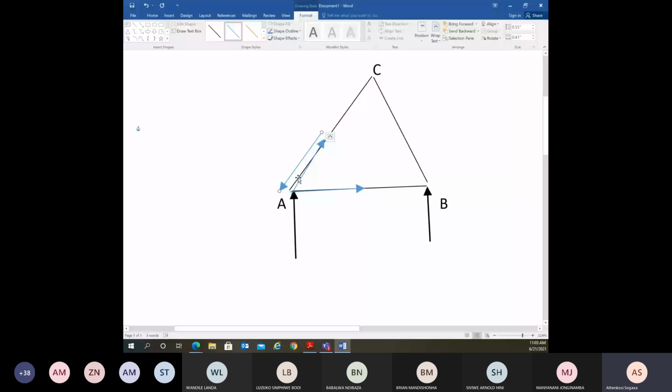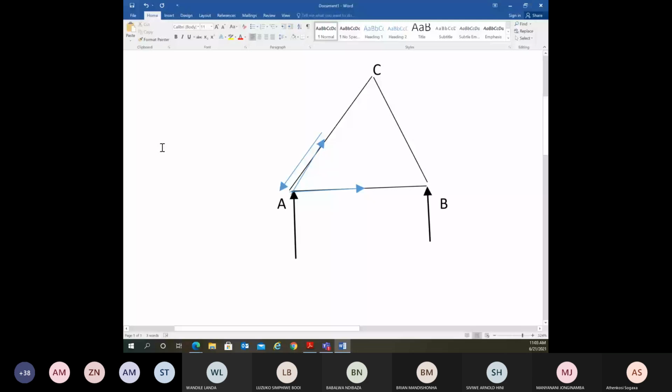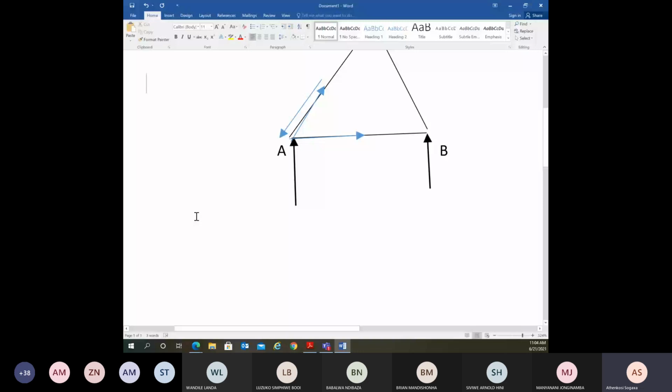Now again, talking about tension and compression: when your answer is positive, that means your force is in tension.